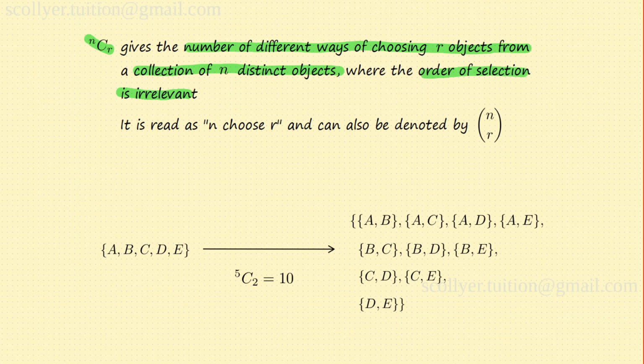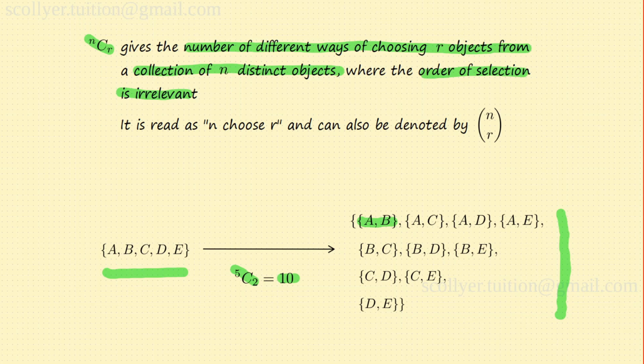And so, for example, here we have 5 distinct letters, A, B, C, D, E, and if we calculate 5C2, we will find that it is 10. And I have shown here the 10 possible choices of 2 of those letters from the 5 when we are not interested in the order. So, for example, AB is considered to be the same as BA.